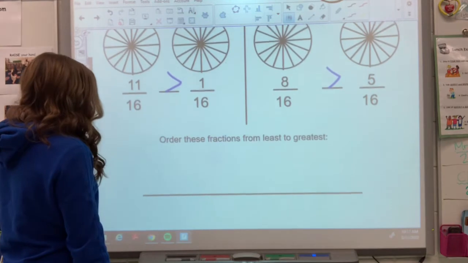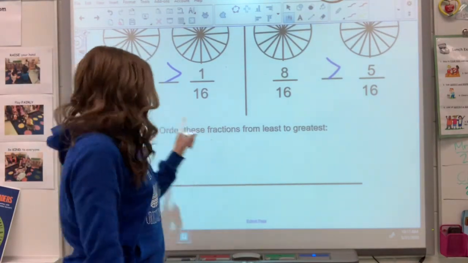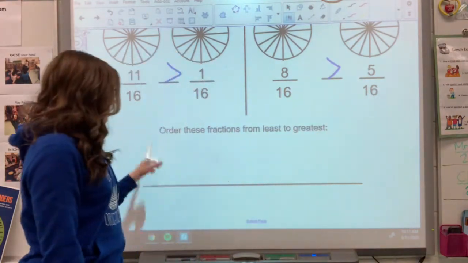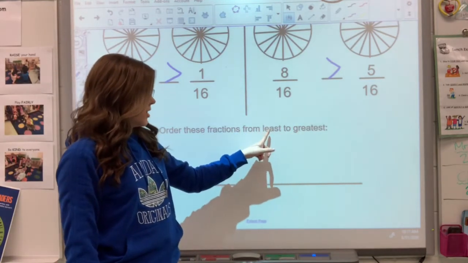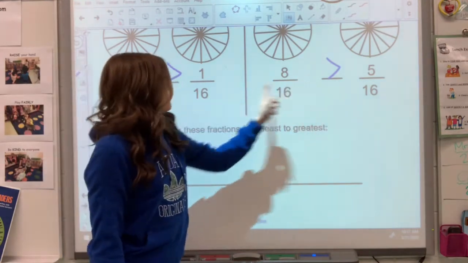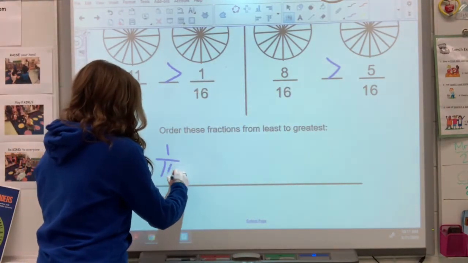Now, if I want to order these fractions, since they have the same denominators, I can just look at my numerators. If I want to order them from least to greatest, least means smallest, greatest means biggest, I'm going to look at my numerators. 1 is definitely the smallest, so 1/16.